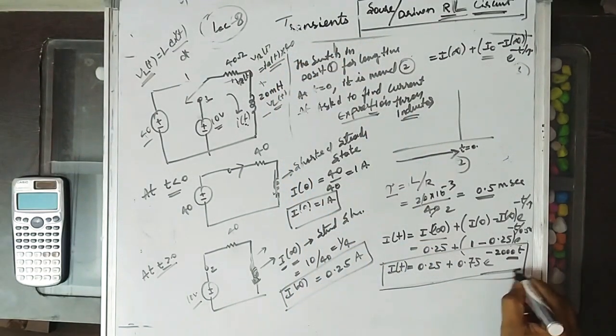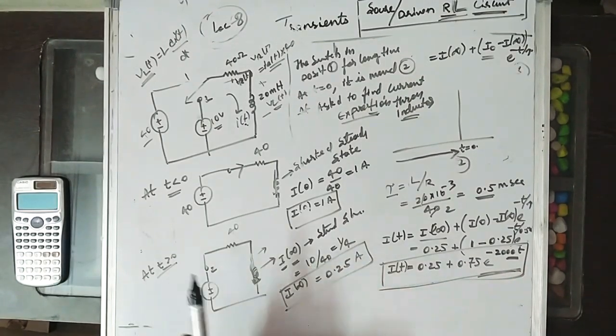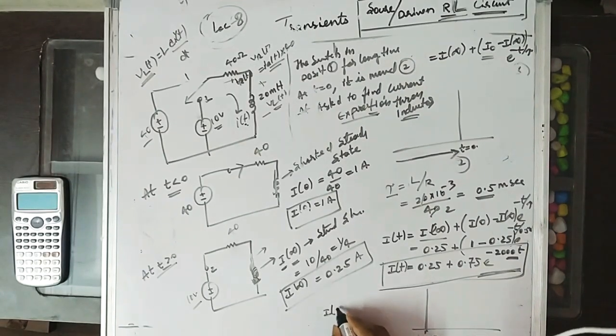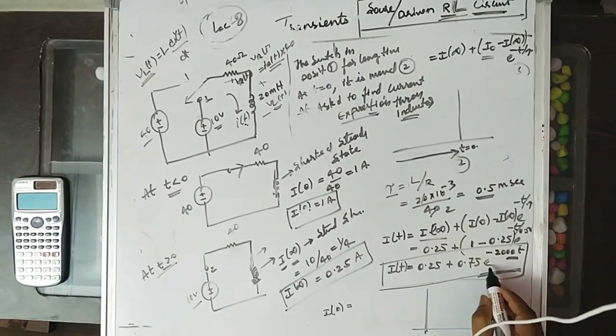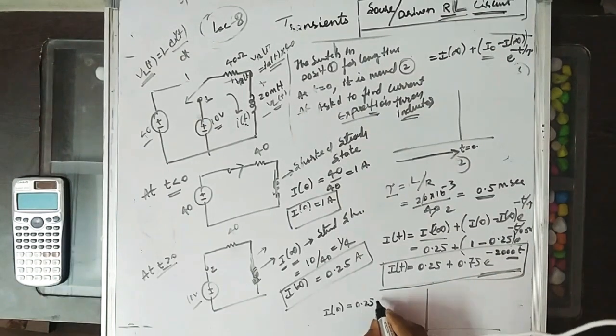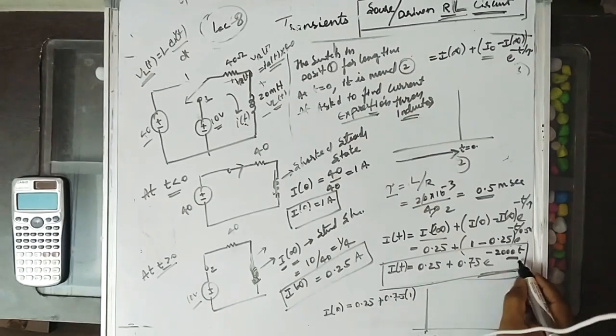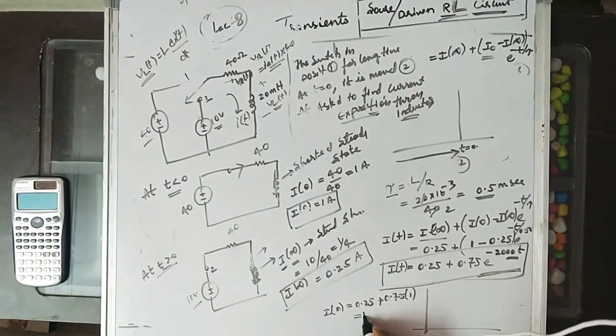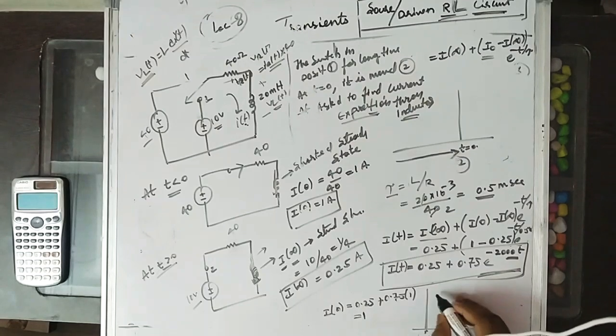Then you need to draw the curve for this I of t. The curve will be drawn like this. At time t equal to 0, substitute t equal to 0: 0.25 plus 0.75 into 1, e power minus 0 equals 1. So at time 0, the current is 1 here.